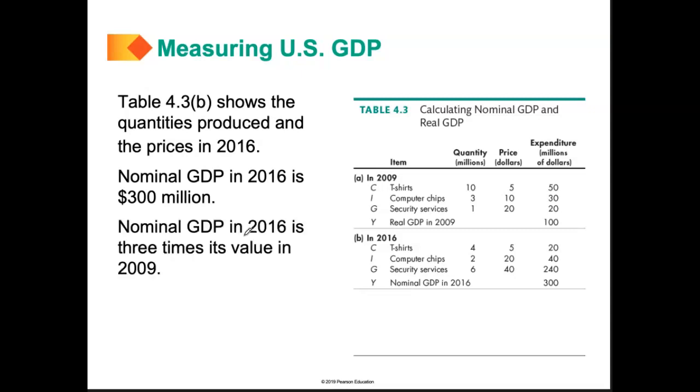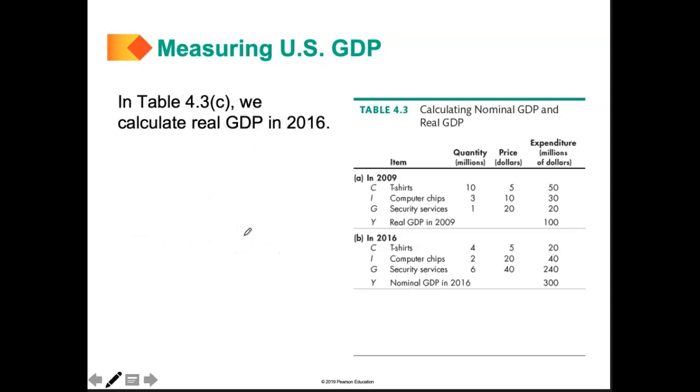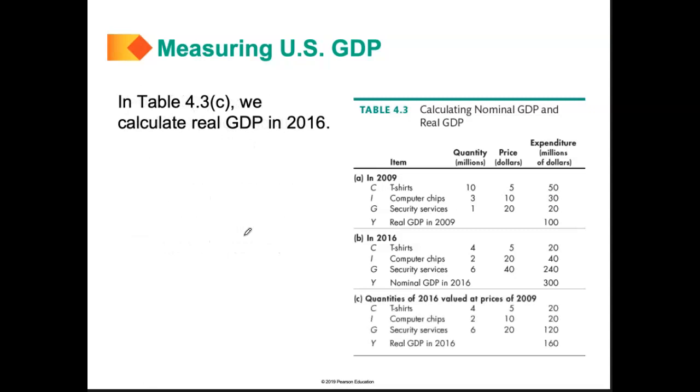So you use the quantities of 2016 valued at the prices of 2009. The prices don't change, but the quantities do. You're just looking at the change in quantities over the periods.